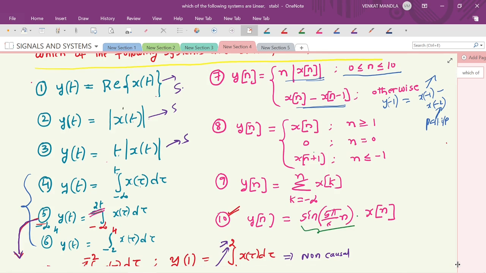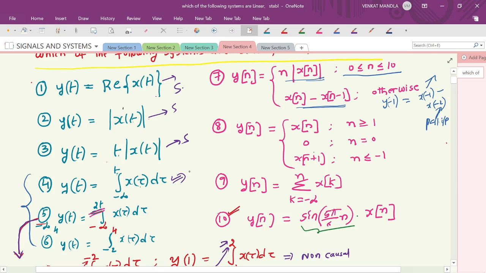So with this integration, the integration involves minus infinity to t. Suppose y(0), minus infinity to 0, that is minus infinity to minus 1. All these limits are past inputs, right? So it is a memory. Whenever you find these integrations and differentiations, those are memory systems.